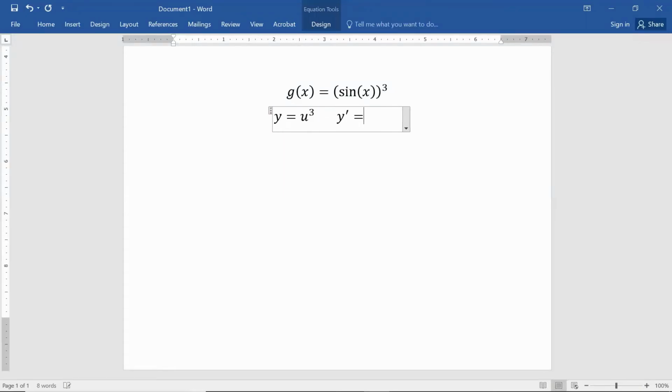I know that y′ is going to be 3u². So I start by doing that. This outside function is something to the third power.